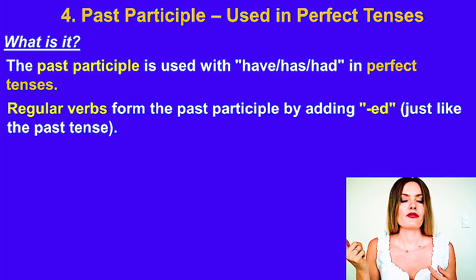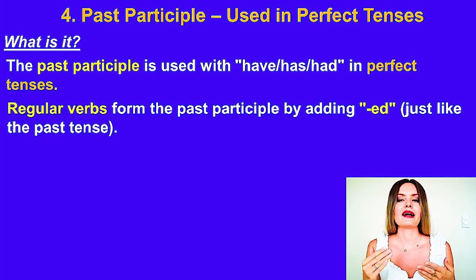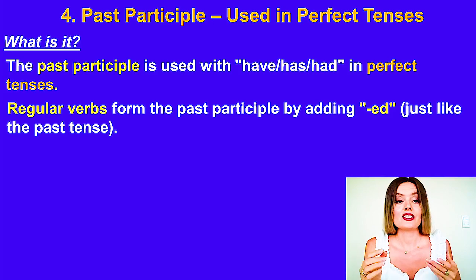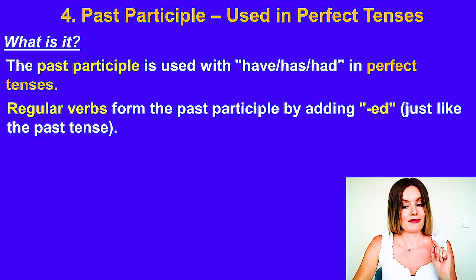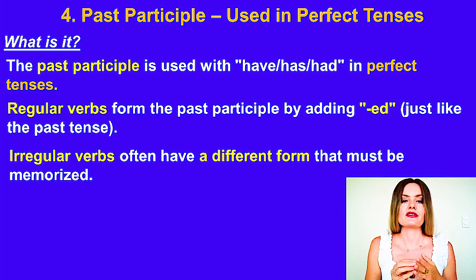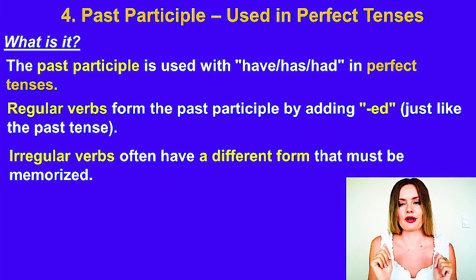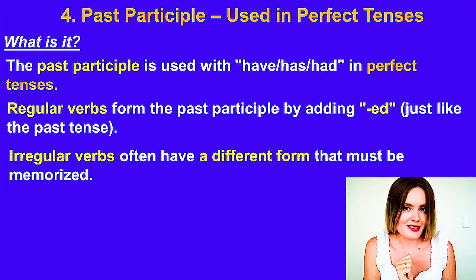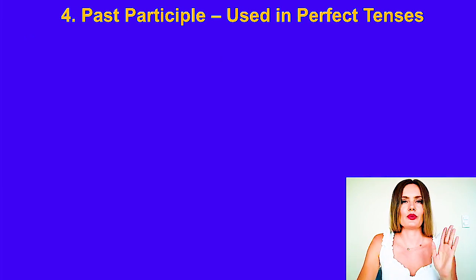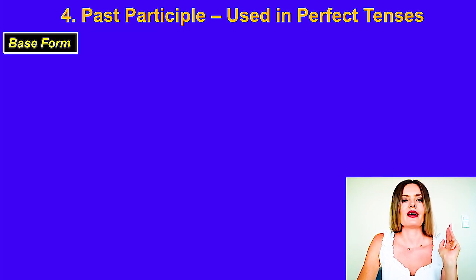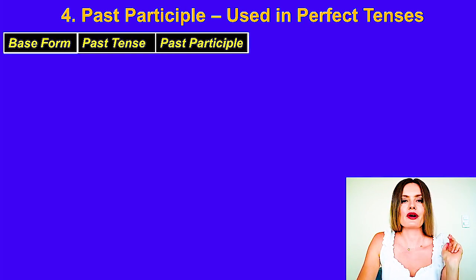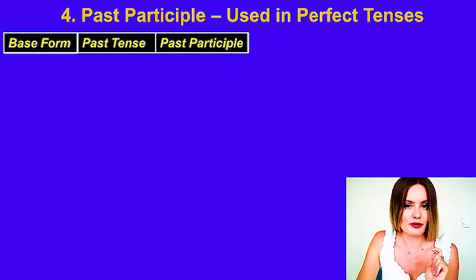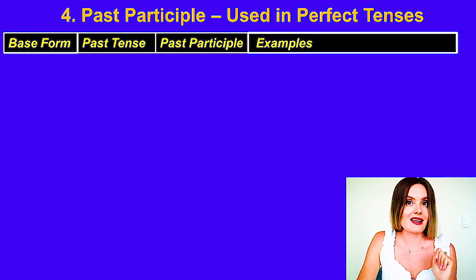Regular verbs form the past participle by adding ed, just like the past tense. But irregular verbs often have a different form that must be memorized. So let's take a look. We know that we have the base form, we have the past tense form, and now we are talking about the past participle form. Let's take a look at the examples.